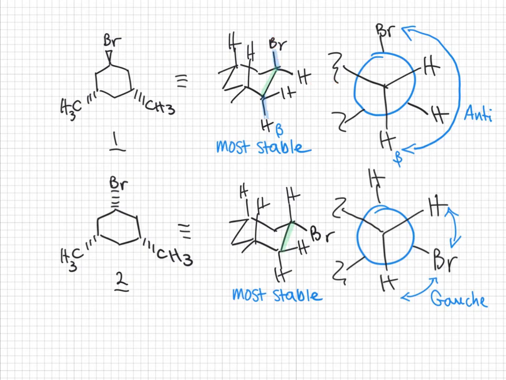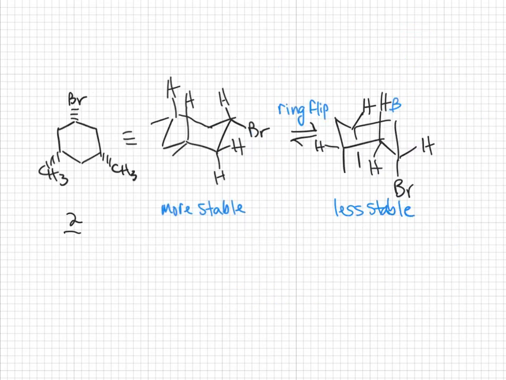Again, the most stable conformer of isomer 1 places the beta hydrogen and the bromide leaving group anti, whereas in isomer number 2, the low energy conformation places the hydrogens and the bromine gauche. The stable conformer of isomer number 2 will therefore not undergo an E2 elimination.